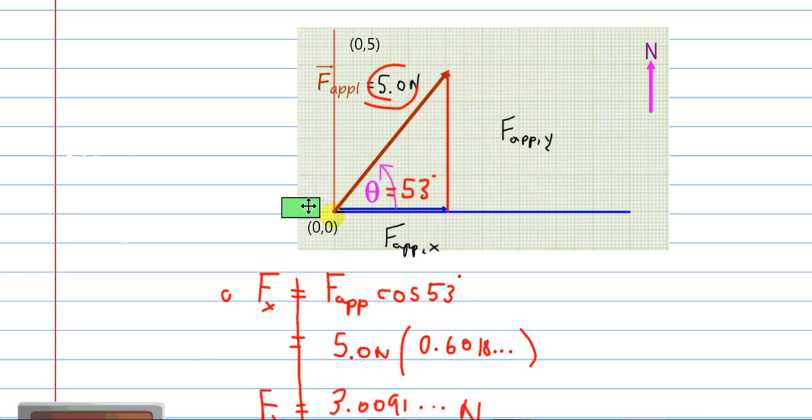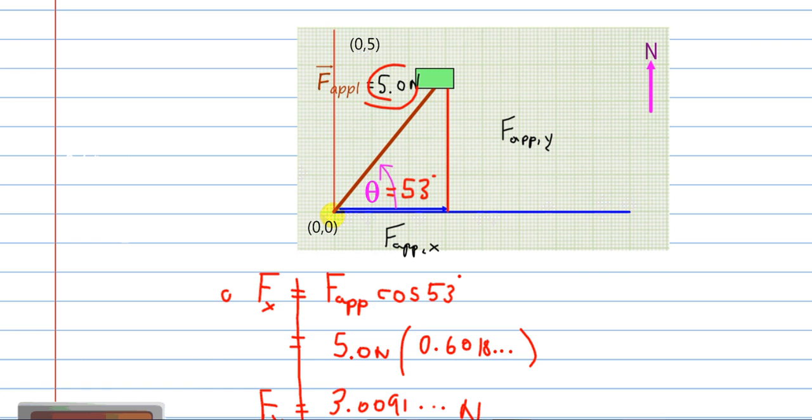So once again, if we go back to our little green block, if I apply a force of 3 newtons to the right or to the east, horizontally if you want to think of it that way, and I apply a force simultaneous to that of 4 newtons at right angles to this force, then the resultant force will be 5 newtons at a 53-degree angle to my reference line, my x or easterly direction.